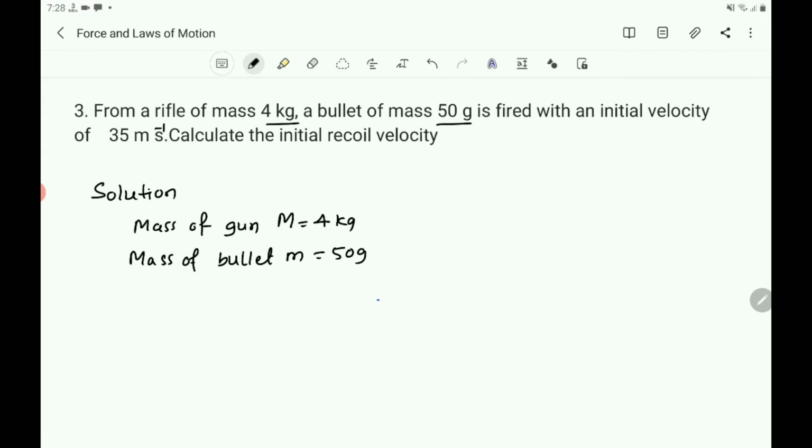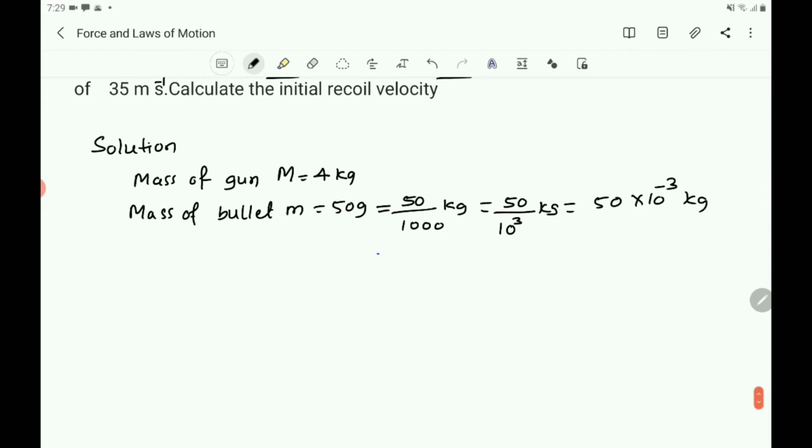Here we have to convert this gram to kg. You know that kg is the SI unit. Then you take 50 divided by 1000, because 1000 grams equals 1 kg. Then it becomes 50 by 10^3 kg, that equals 50 into 10^-3 kg.